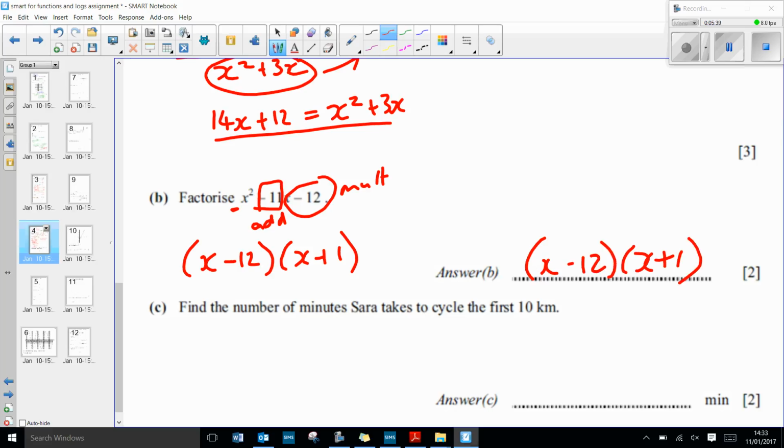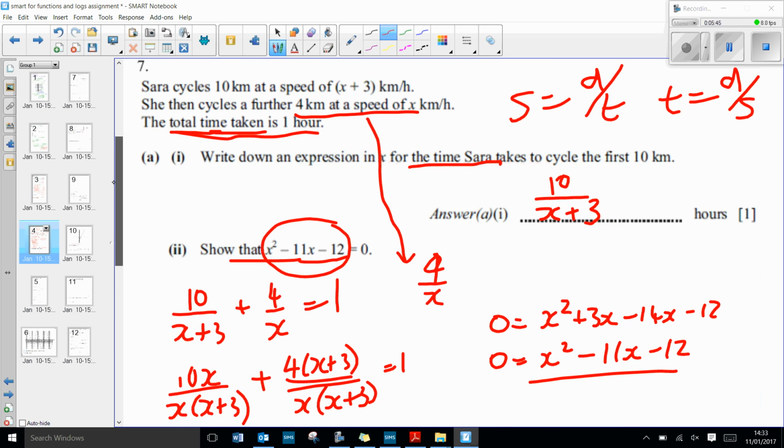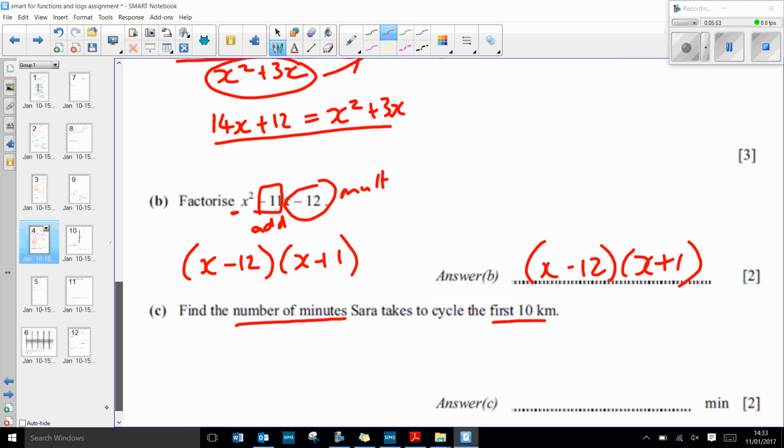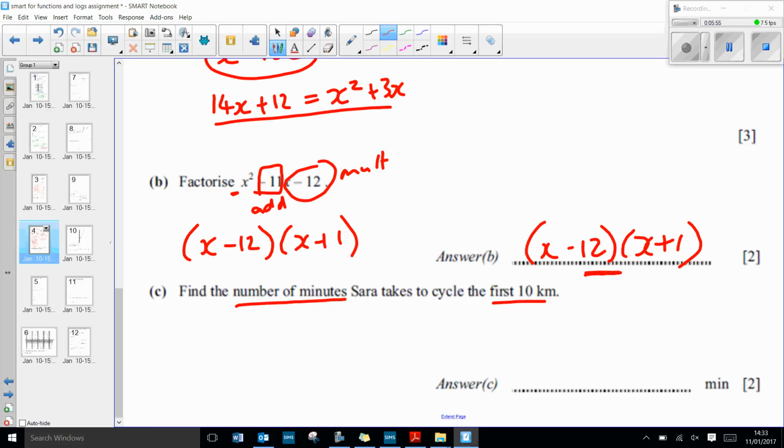So if we're trying to find the number of minutes that she takes to do the first 10 kilometres, the first 10 kilometres was this number of hours. Well, taking it from this information here, we can see that either x is 12 or x is negative 1.